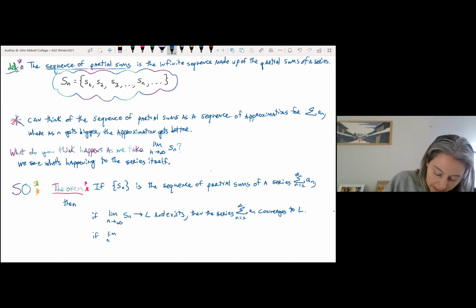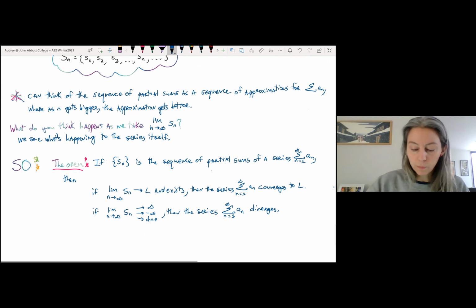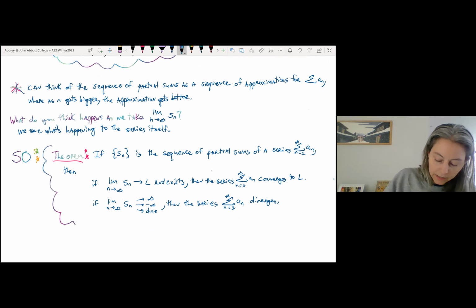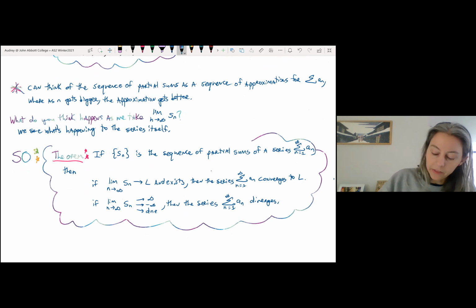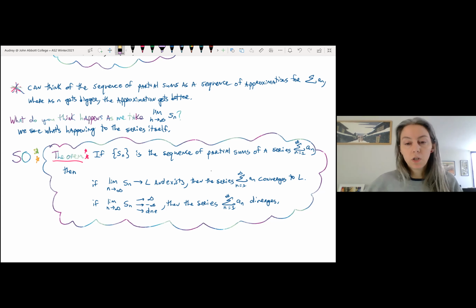So if the limit as n goes to infinity of S sub n is infinity or negative infinity or does not exist, then the series from n equals 1 to infinity of a sub n diverges. And this is a super important result. It's telling us that we can just look at the sequence of partial sums in order to determine whether or not a series converges or diverges.